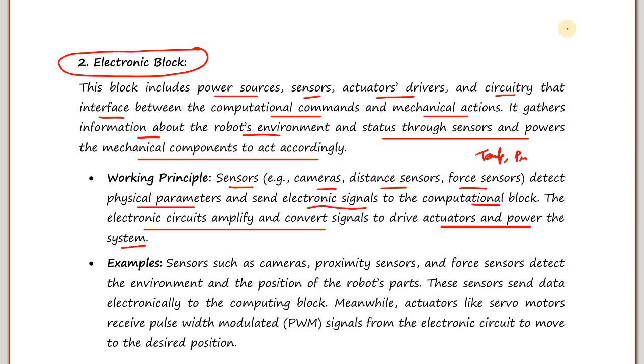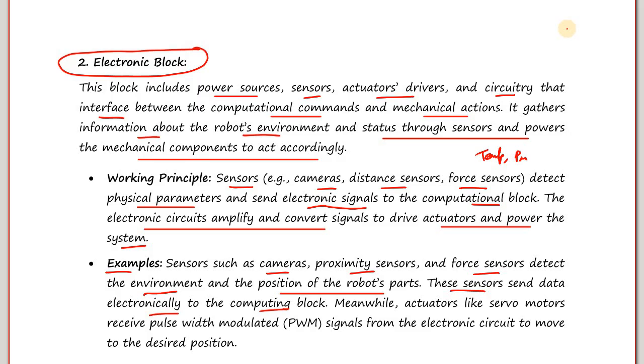You understand this thing? So, let us look at an example to further clarify. Well, sensors such as cameras, proximity sensors and force sensors detect the environment and the position of the robot's parts. Now, these sensors send data electronically to the computational block.